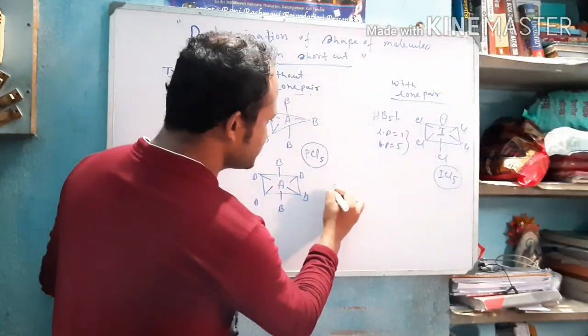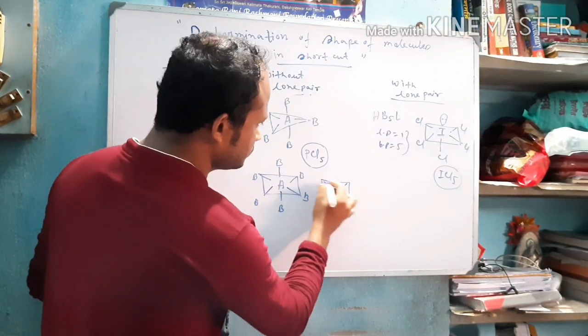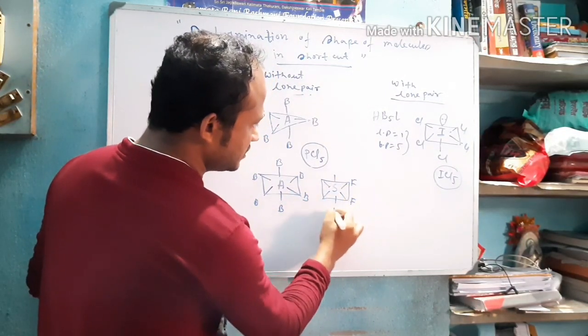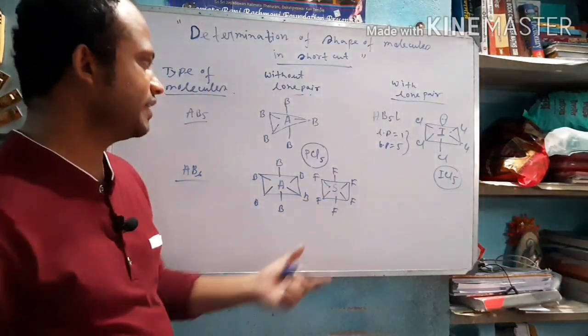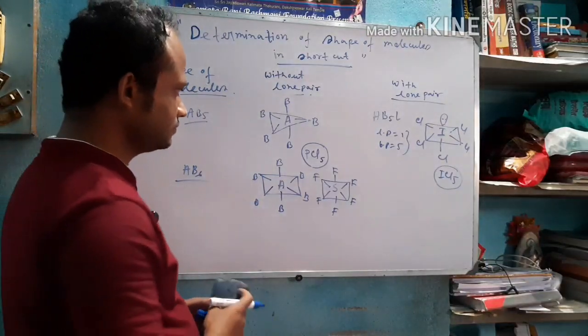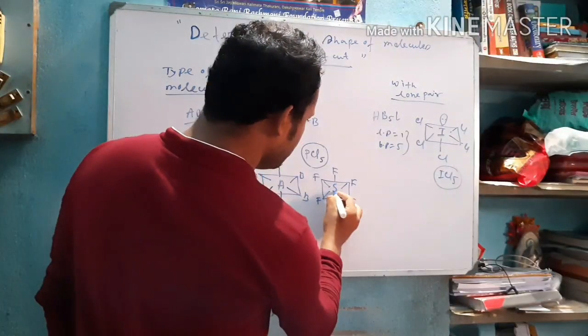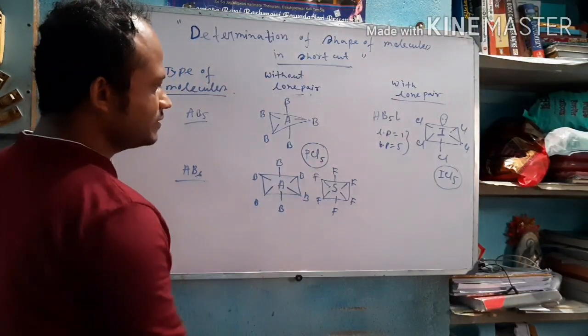The structure is SF6, 6 fluorine atoms. Sulfur can accommodate 6 fluorine atoms around the atom. This is the without lone pair structure.